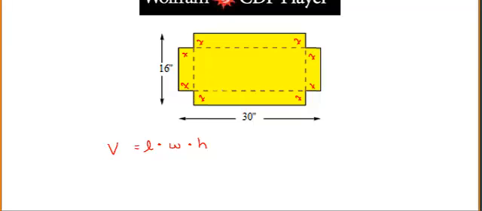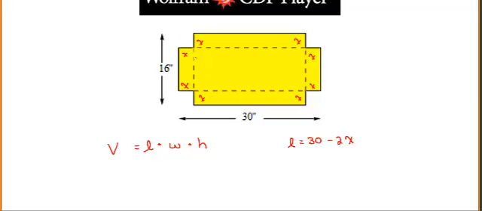The length of this piece of cardboard was 30 inches, but notice when I fold this end up, it'll be x inches shorter, and when I fold this end up, it'll be x inches shorter again. So it'll be 2x inches less than 30. So this length is going to be 30 minus 2x.